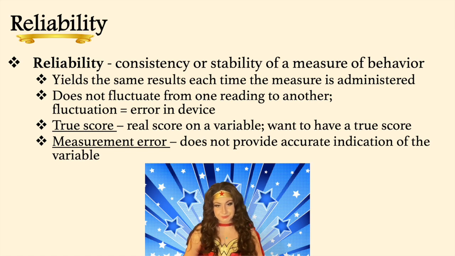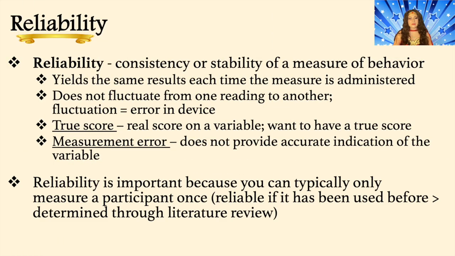So reliability is important because, typically, when you conduct experiments, and of course there are exceptions, you're not measuring participants more than one time. Imagine that you are ready to conduct a particular research experiment. It's quite challenging to recruit participants, to get them to show up, to go through the informed consent.